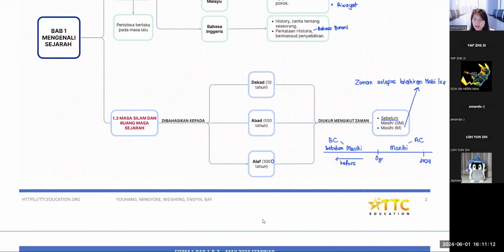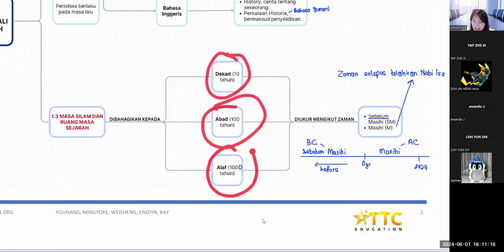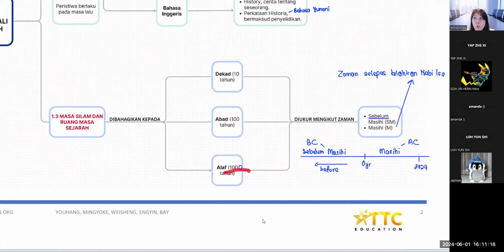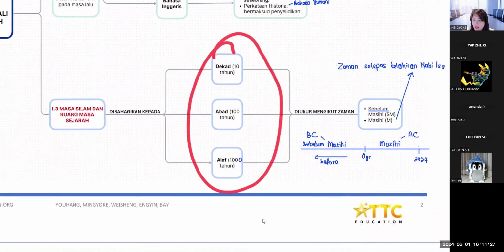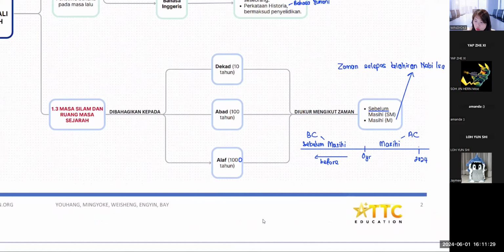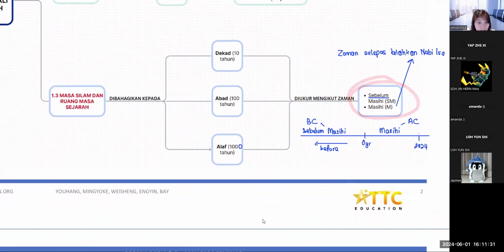You know our time are divided into decade, 10 years, abad, 100 years, alaf 1,000 years. Can you change it to 1,000 plus another zero behind? I think the box covered the zero already. And this time are measured according to our calendar year. Masehi, sebelum Masehi.